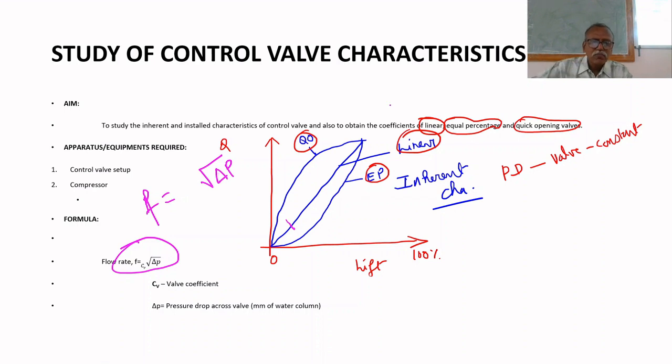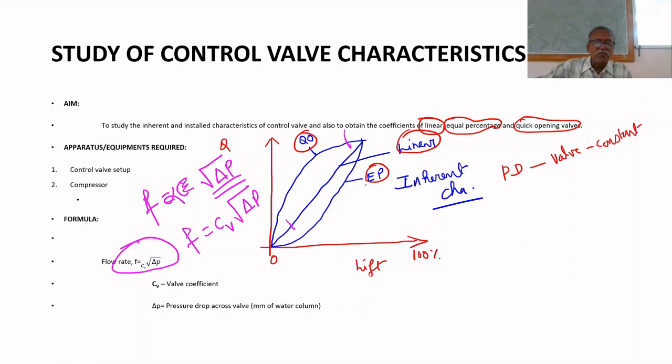With the pressure drop kept constant, you can find this is proportional only. To make it equal, the flow rate is equal to CV times square root of delta P.